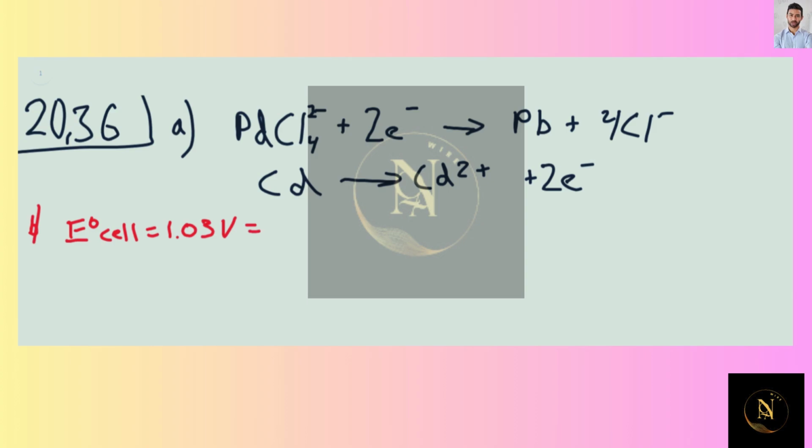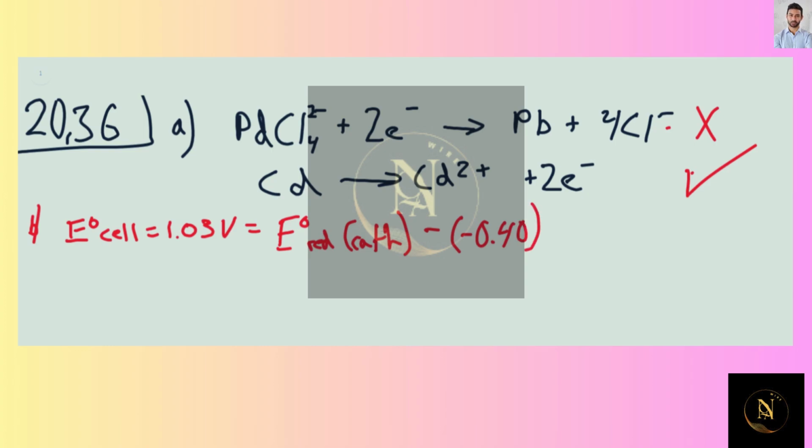Now from Appendix E, we don't have this reaction, but we do have this other reaction. So we know that the reduction will go first. We have the reduction at the cathode, and then we'll subtract the value of this reaction, which is negative 0.40.